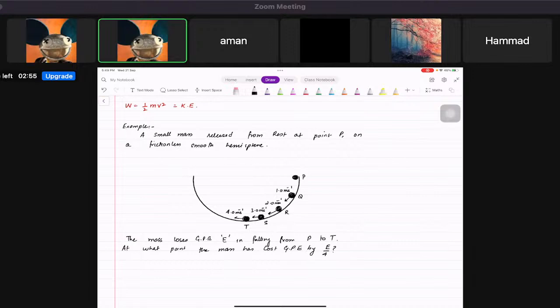Now, so basically, when the speed is 4, it has lost the gravitational potential energy by E, and it wants you to find at what speed and at what point it will have gravitational potential energy of E by 4. Can you guys try this, please? Let me know if you can do the answer.